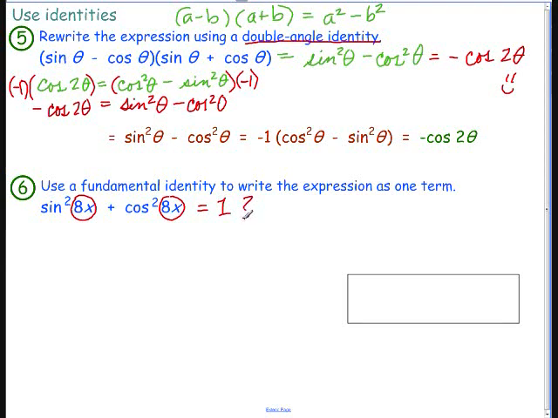Don't we know that? Sine squared theta plus cosine squared theta equals 1. All I'm going to do here is say theta equals 8x. Therefore, this does equal 1.